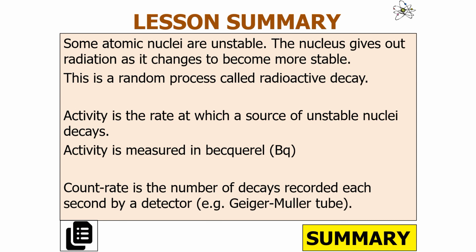So let's summarize what we've learned in today's lesson. Some atomic nuclei are unstable, and the nucleus gives out radiation as it changes to become more stable. This is a random process which we call radioactive decay, and the activity is the rate at which a source of unstable nuclei decays, and is measured in becquerels. The count rate is the number of decays recorded each second by a detector, such as a Geiger-Muller tube.